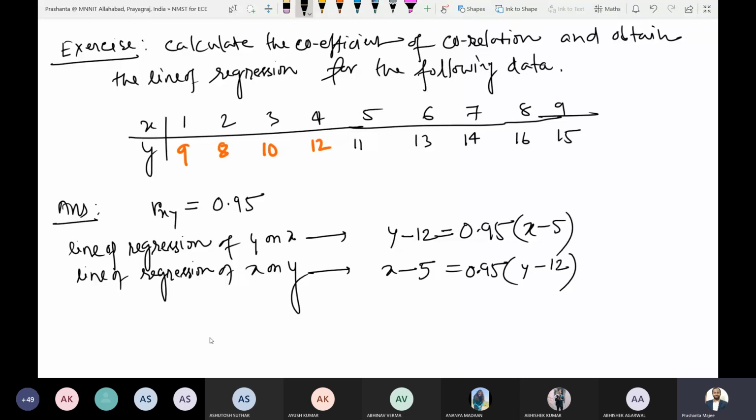So these are the two lines of regression, and this is the correlation coefficient. To see how these data points are related, take a graph paper and plot this data, and then plot these two lines, and you will see why you get two such lines.